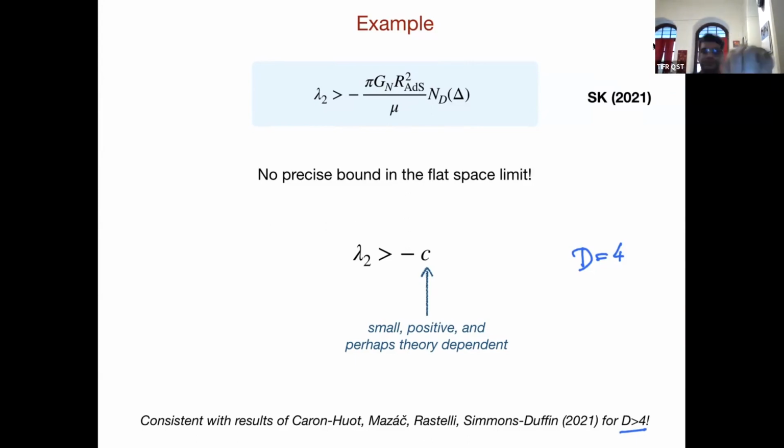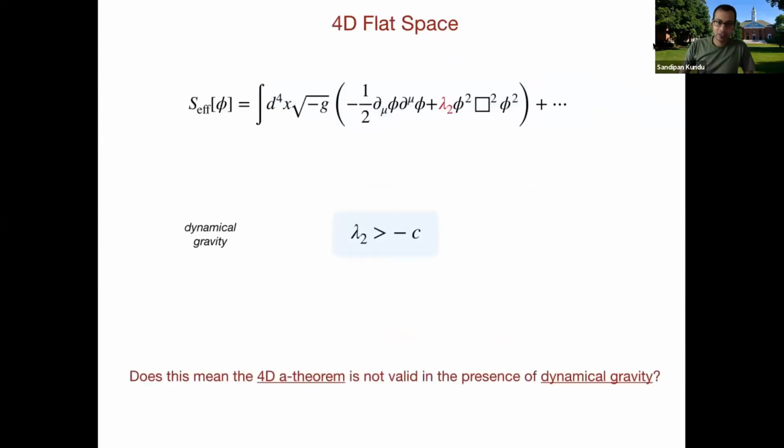Yeah. One thing I find really interesting is this bound that lambda 2 can be a little bit negative. That actually is very important, because let's say I try to do something similar to the 4D A theorem, but in the effective action of Komargodski and Schwimmer, if I also keep the dynamical gravity part, in that case lambda 2 is still proportional to delta A. In the way they derive their effective action, this should not change.